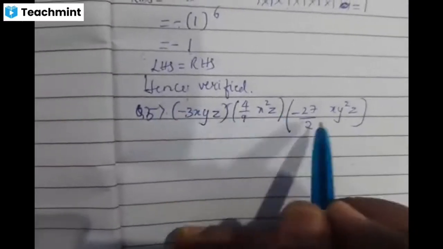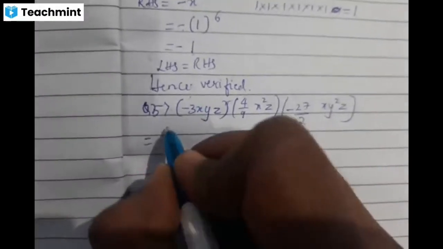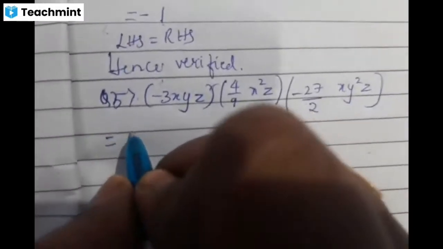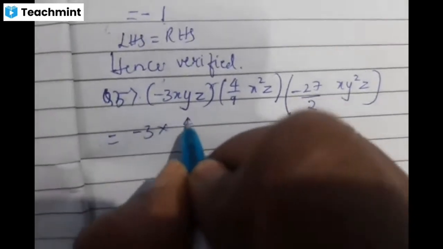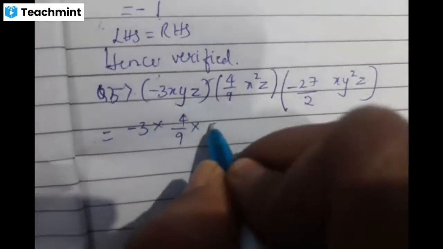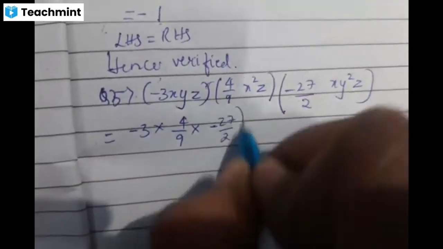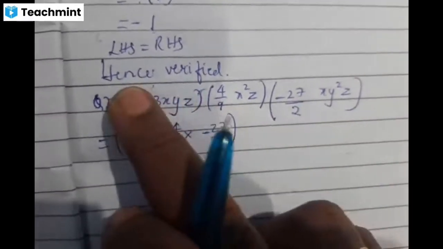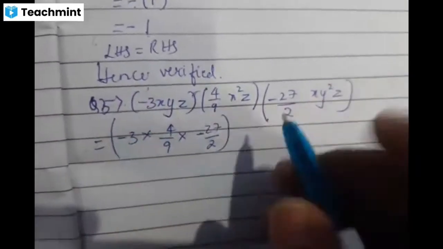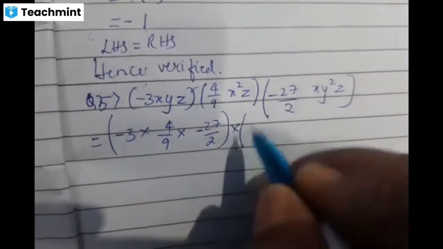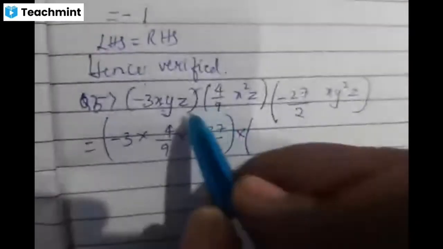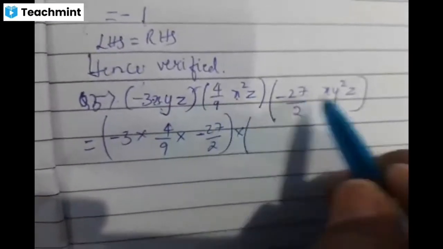We have the monomial children. We have to follow the same rule here. Minus 3 into 4 by 9 into minus 27 by 2. So what I have done here, I have grouped all the constants in one bracket. In next bracket, let us take the common variables, that is x into x square into x.